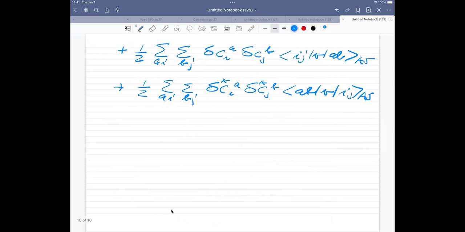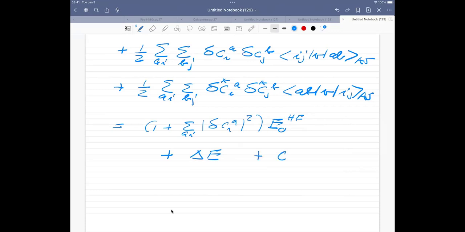So what I get then, when I look at the numerator, I can now write as a 1 plus, and then I have this sum over AI of delta CIA squared multiplied with E0 ref, or E0 Hartree-Fock, which is the one I use now, plus, and then I'm going to put all these other terms in a common container, which I call delta E. And if I want to be a little bit more picky, I should actually have now an O of delta C of AI cubed, if I'm not putting an approximation sign.